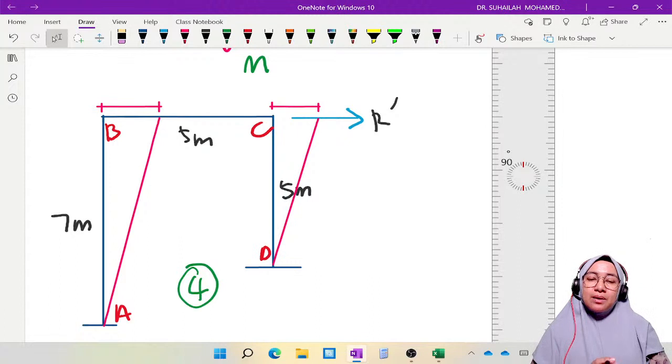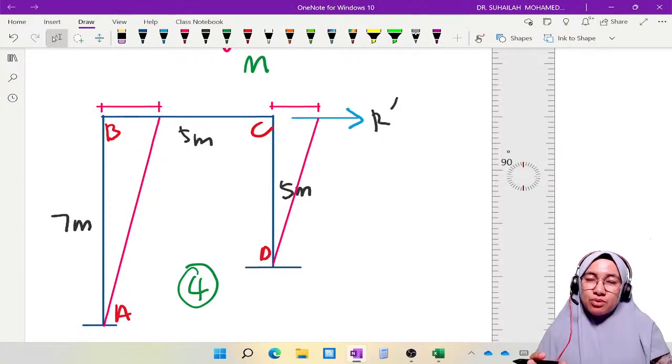Of course, it shows behavior. Movement is behavior. So the function of the fixed end moment is actually to push back the frame, to move back to its original position.